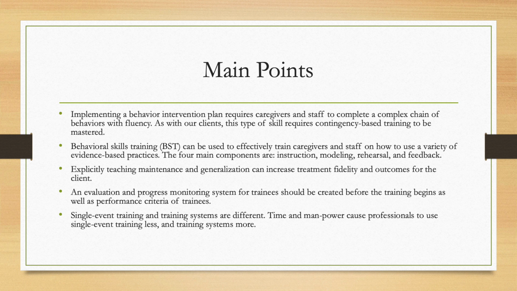If you create an evaluation or progress monitoring system that is directly related to an employee, they're going to notice. And performance criteria of trainees is important as well. Just like our students, we have to understand that everyone is coming in with different levels of skill, different backgrounds, and some people might require different types of prompting, different levels of prompting, different reinforcement schedules, and maybe different performance criteria at each level.